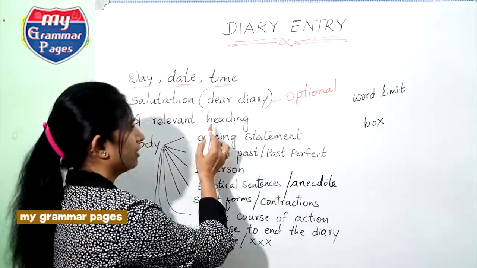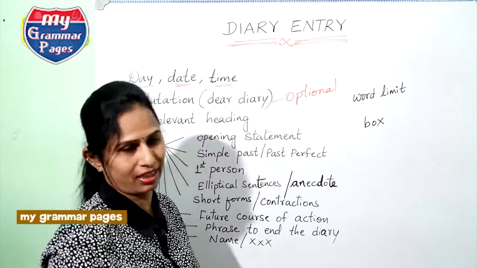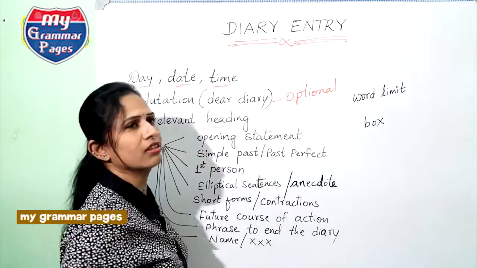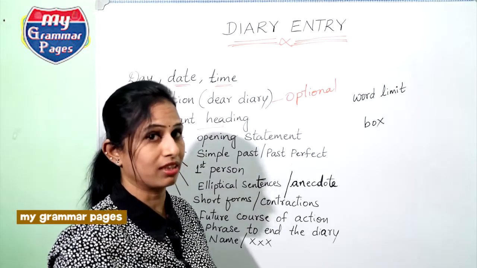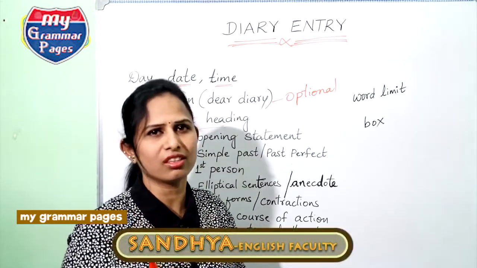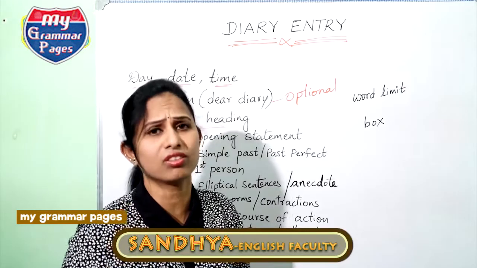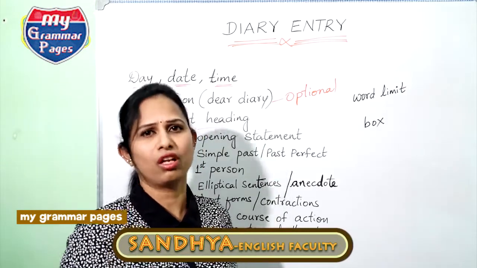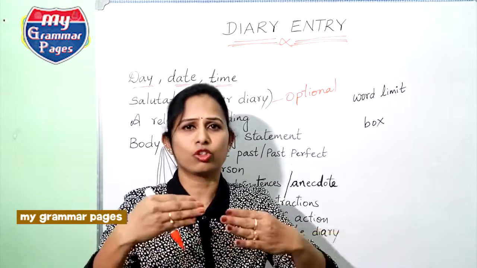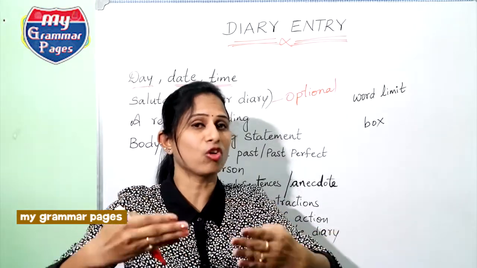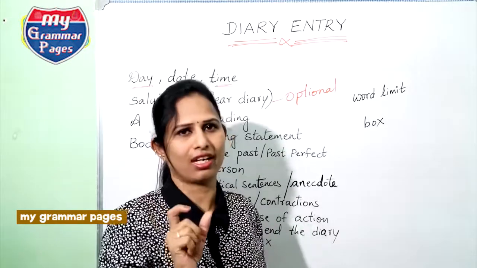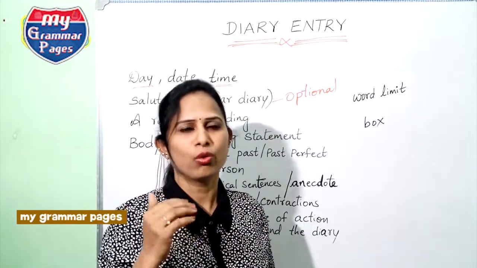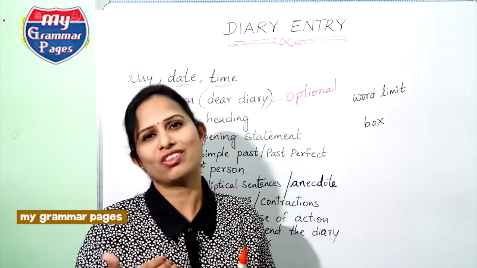And coming to the next one, that is the heading. What should be written in the heading? Is it important to write a heading? Yes, of course, if you want to write. And one more thing, I'm not stressing that it is mandatory. So what is a heading first of all? A heading is whatever topic you're going to explain or express in your diary, the same thing in the form of a short heading, which you place on the top, only to tell the reader what you're writing about.